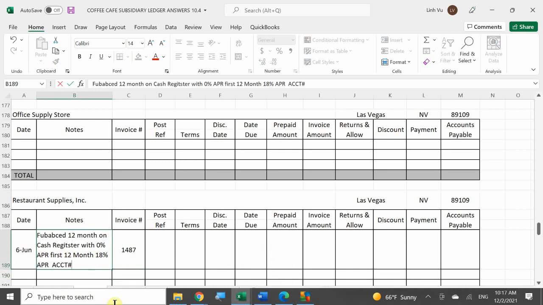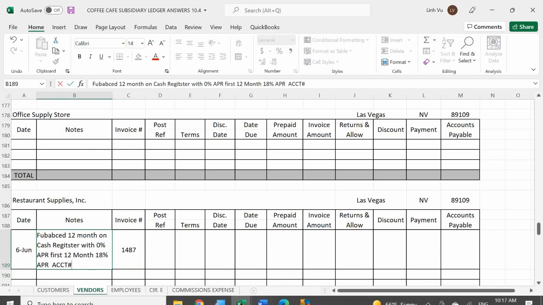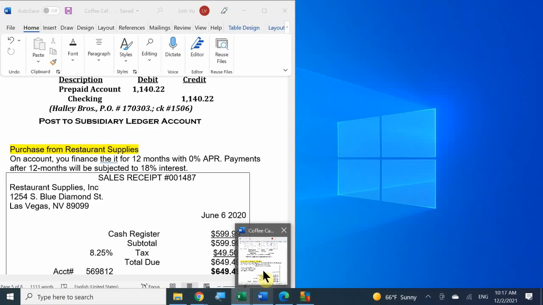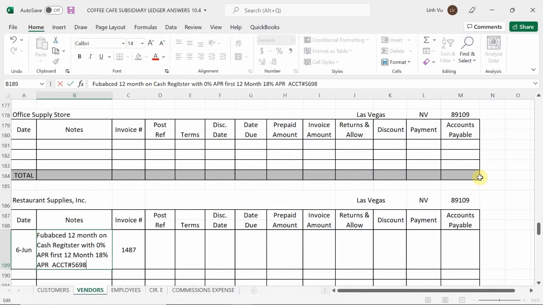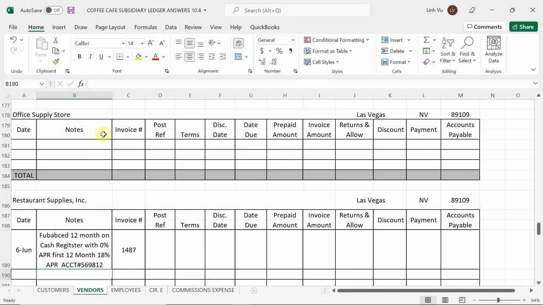Account number $569812. Okay. Post reference, general journal number 2, because that's what I am on. Is there terms? In this case, we don't know yet. We haven't received the bill, but we know that we bought something, okay? And we know that this is invoiced for a total of $649.49, and I didn't make a payment.